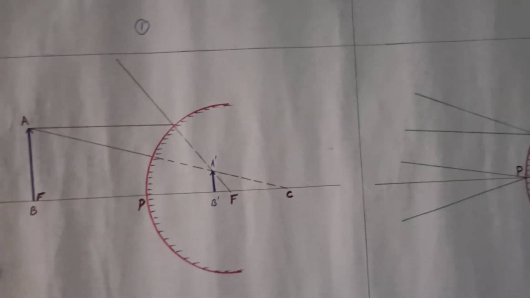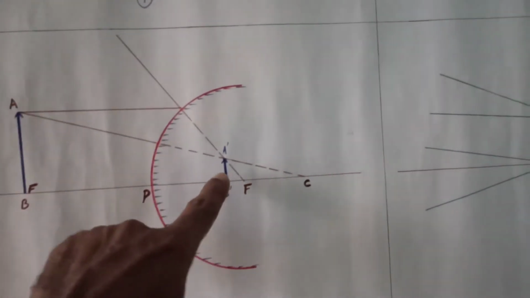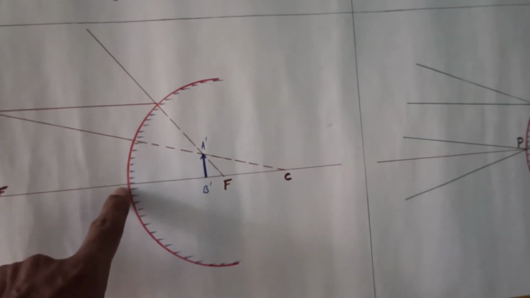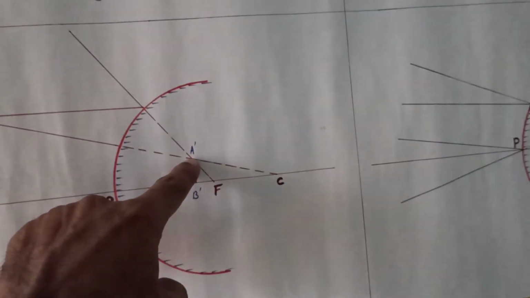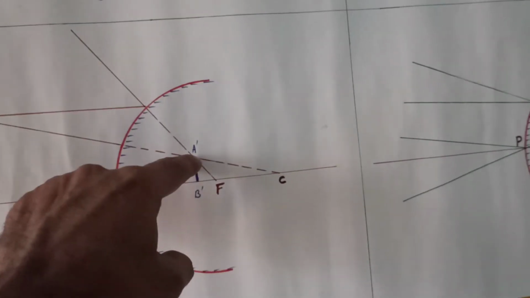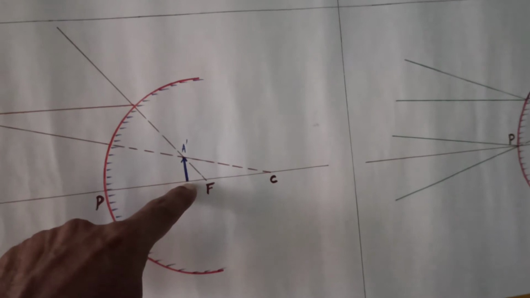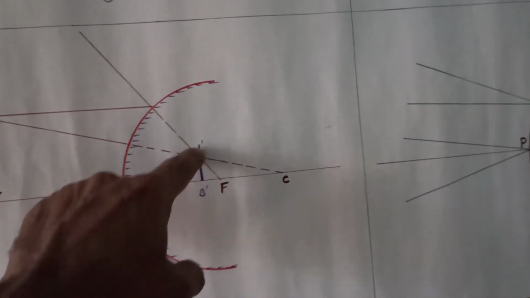Then what is the position of the image? The image is formed between P and F, that is between the pole and the focus, the size of the image is small, that is diminished, and the nature of the image is virtual and erect.